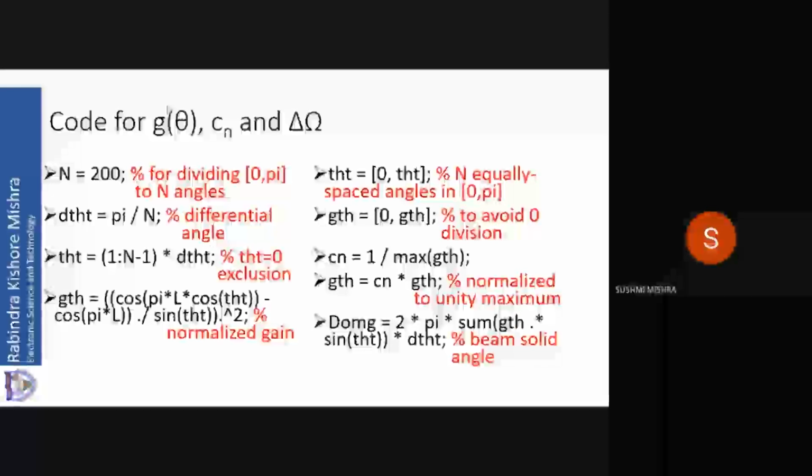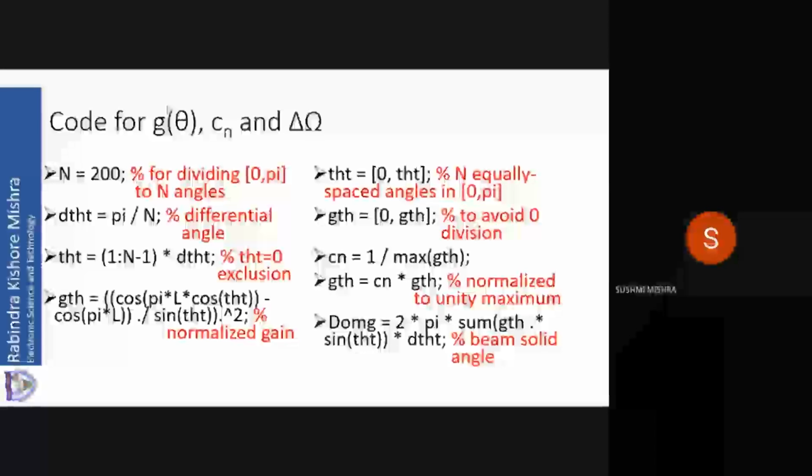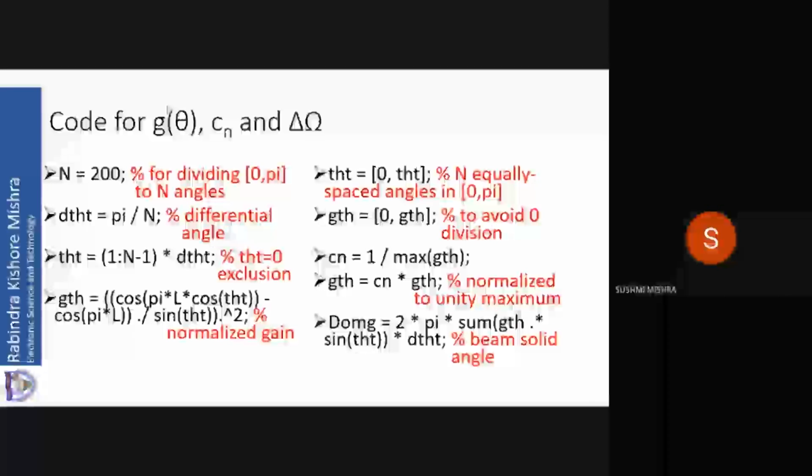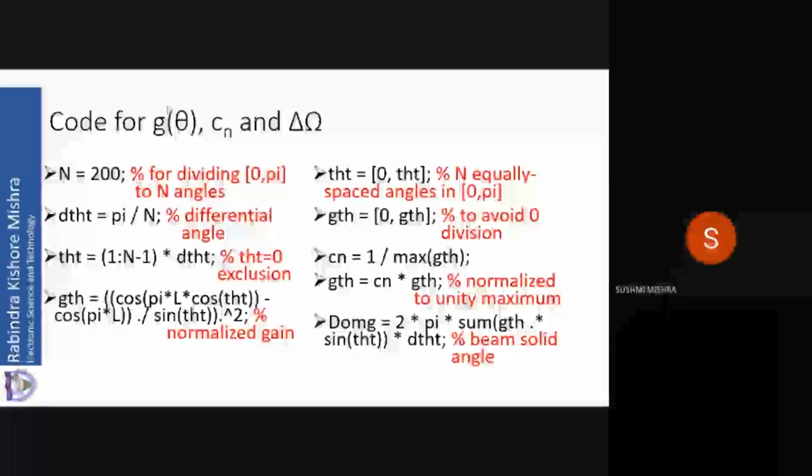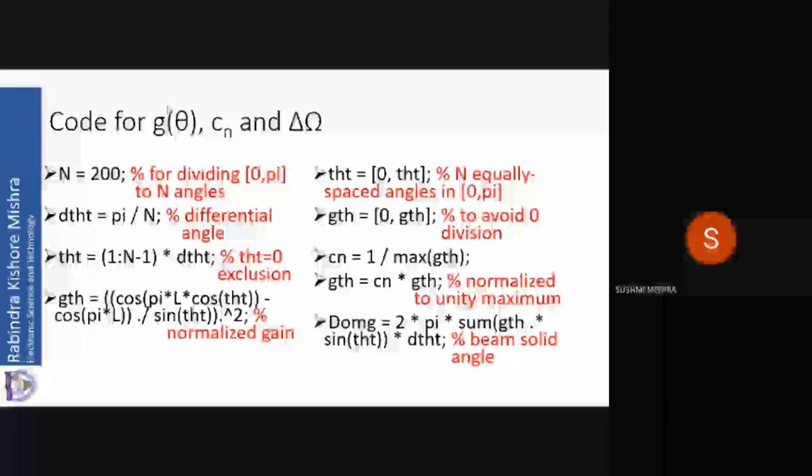At each angle I will calculate using the computer. N can be 200, 100, 600, 800, whatever it is. But for dividing the whole range of theta, I am taking n. Then I am having 200 points, 200 angle points.